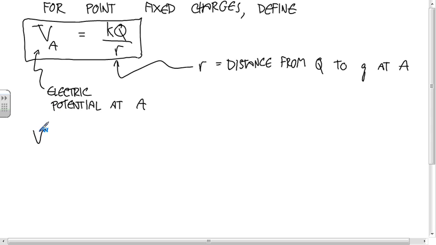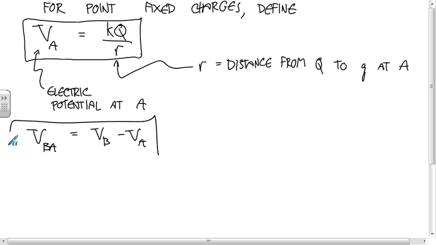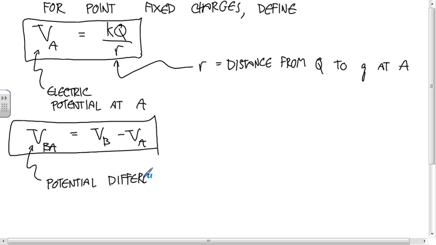And then the voltage in going to B from A is equal to the electric potential at B minus electric potential at A. So these are electric potentials. This is called a potential difference because you're subtracting those potentials, or voltage.